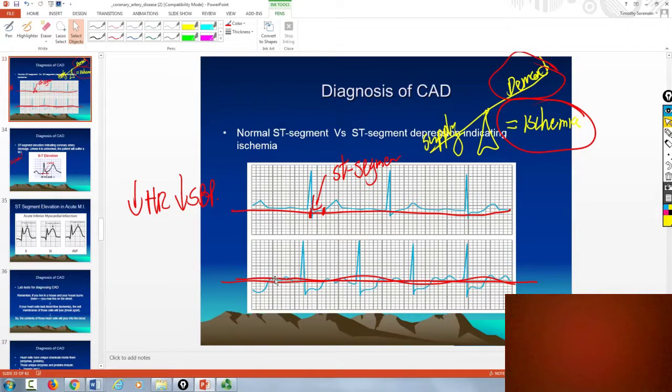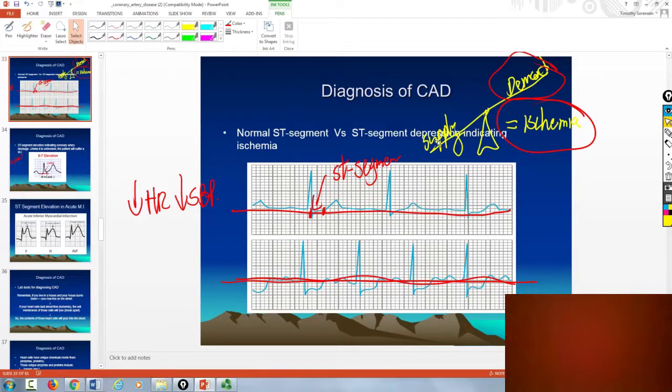That doesn't mean that the coronary artery is completely blocked with a blood clot. What it means is that the demand that the heart is asking for, you can't supply with that blood. So if you have a person walking up a flight of stairs and they get chest pain, if they sit down and their chest pain goes away, then that's ischemia.